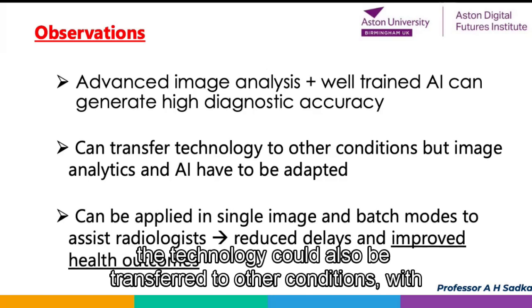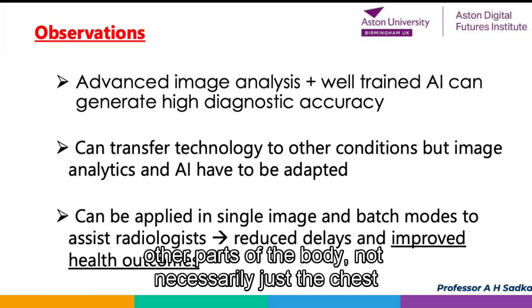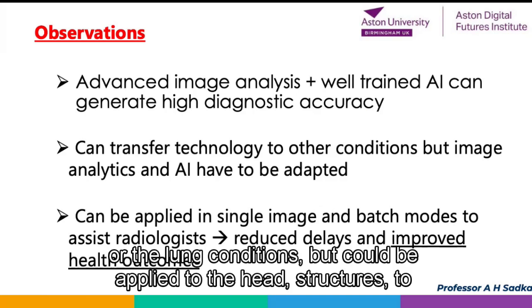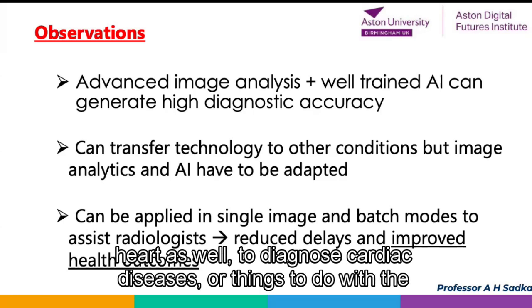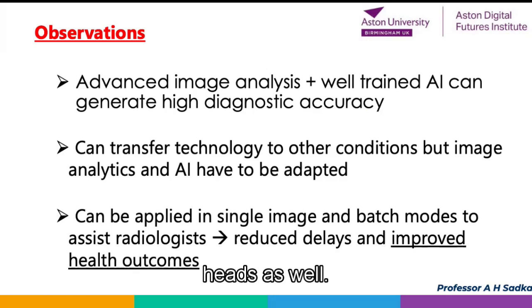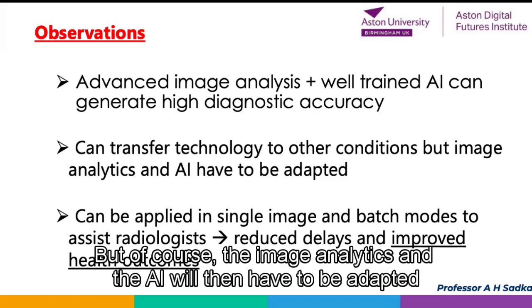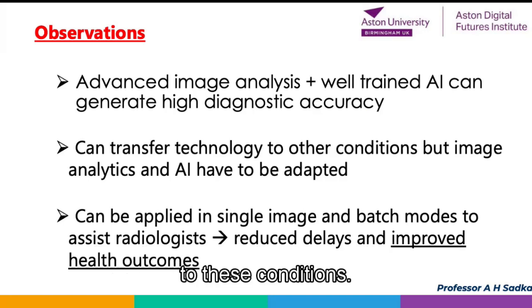The technology could also be transferred to other conditions, to other parts of the body, not necessarily just the chest or the lung conditions, but could be applied to the head structures, to heart as well, to diagnose cardiac diseases or things to do with the head as well. But of course, the image analytics and the AI will then have to be adapted to these conditions.